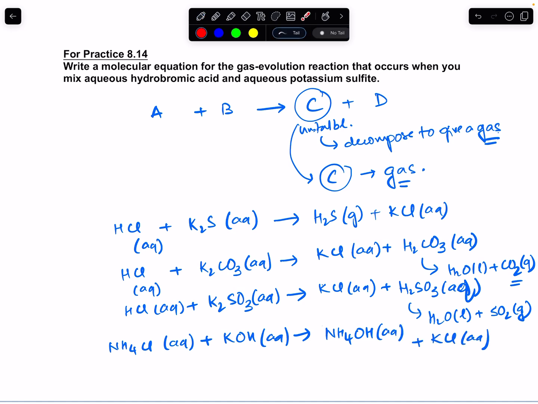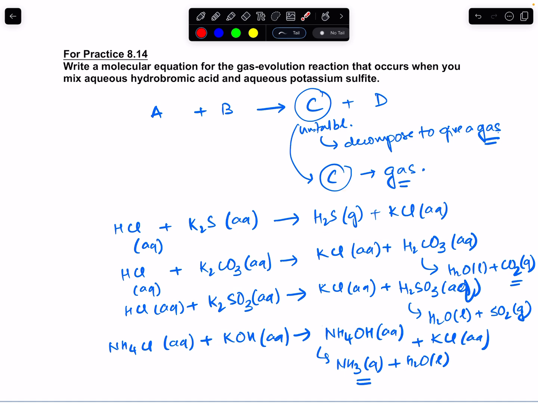It turns out NH4OH is very unstable, and so this decomposes to form NH3 gas plus H2O liquid. And that is the fourth type of gas. So you have H2S, or you could have CO2, SO2, or NH3. The last three that we looked at were cases where C is unstable, and so it decomposes to give a gas, while with the first one, you have a gas readily formed.